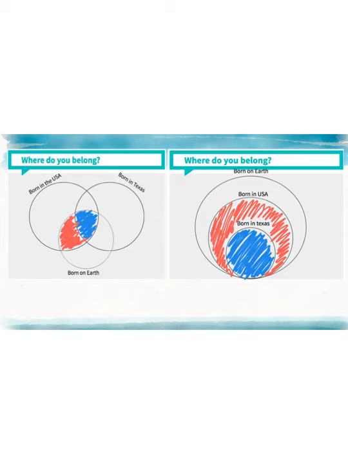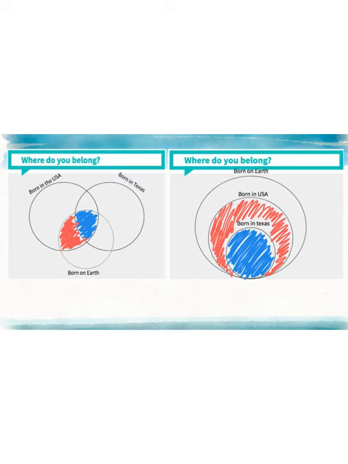So notice how the born in the USA circle is not a part of the born in Texas circle. It is not inside of it, but it is inside of the born on Earth circle, so that I'm still a part of the born in the USA and born on Earth circles.